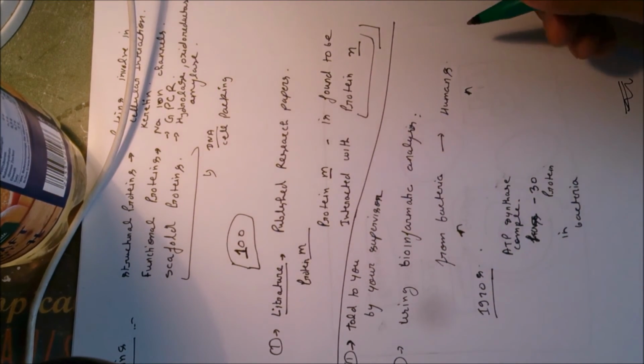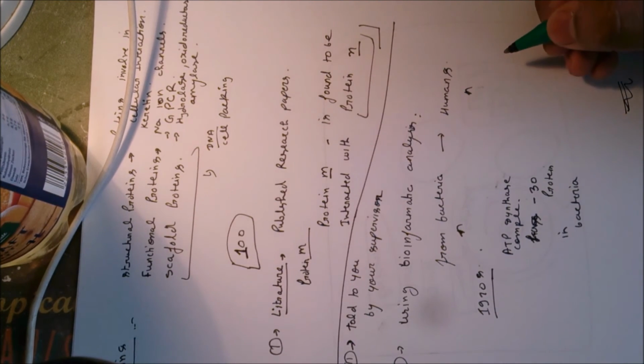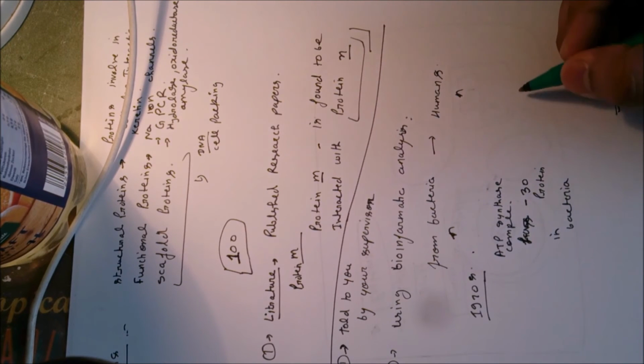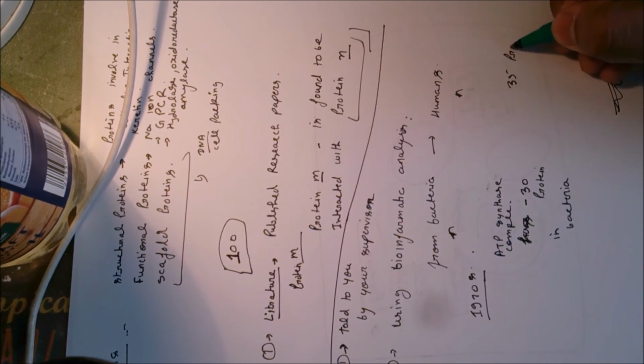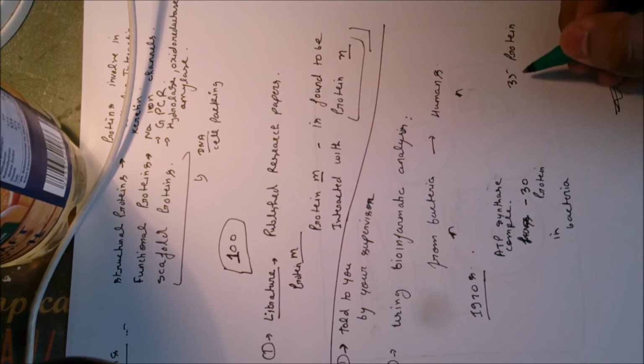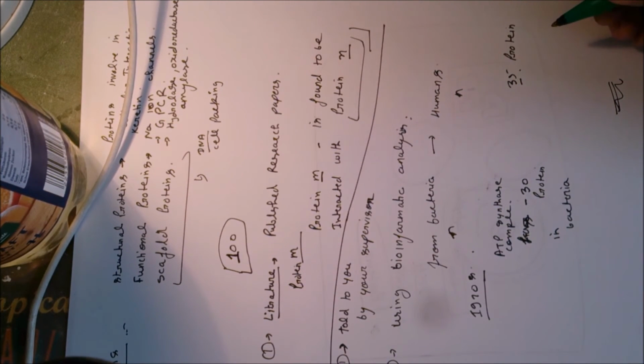Another study in another part of the world identified, not the structure of the human ATP synthase, but they identified that there are 35 proteins in the human ATP synthase complex, right? So now you identified there are 5 more proteins here, so we don't know how many new proteins there are, right? So here we will take advantage of bioinformatic analysis.